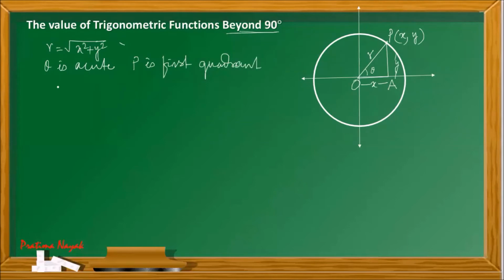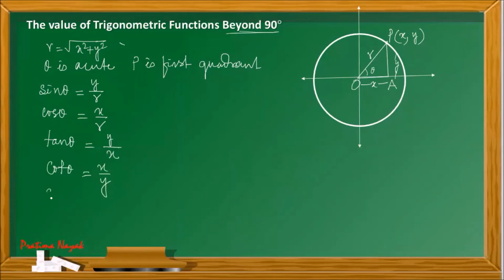Now I am writing sine theta in the first quadrant. Sine theta will be y by r, opposite by hypotenuse. Similarly, cos theta will be x by r. Tan theta will be y by x, because this will be p by b. Cot theta is equal to x by y.